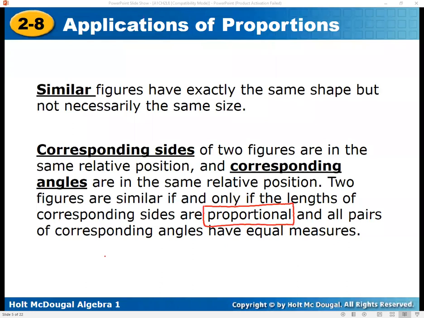They should be what? Grade 9, are you with me? Proportional. Yes. And corresponding angles should have equal measure. So we want to study the meaning of proportion and the meaning of equal in measure. Let me give you an example.